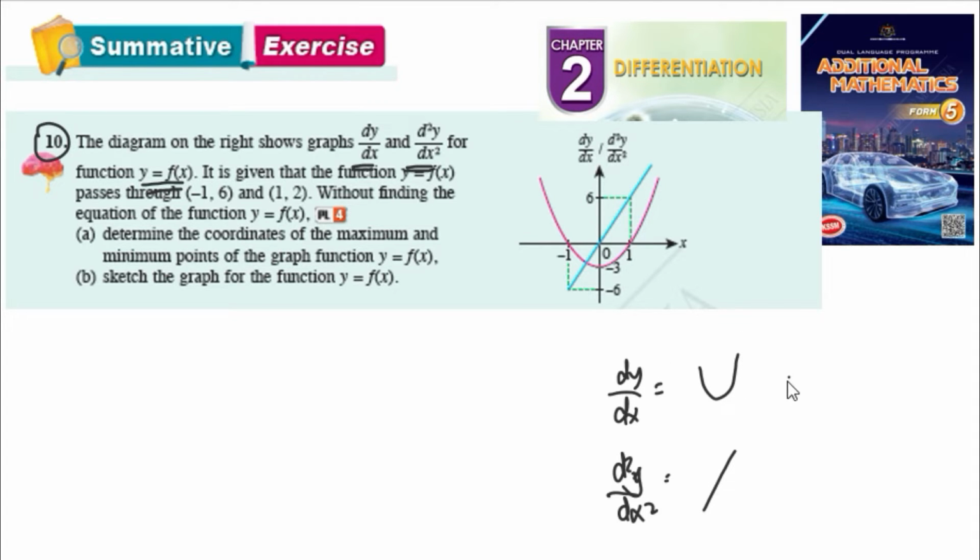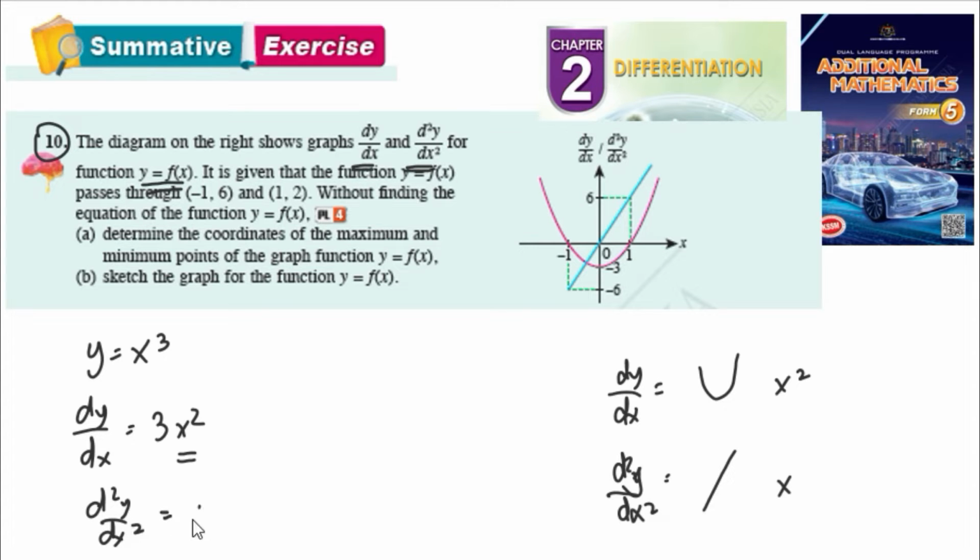Why? Because for a quadratic function we have x square, and for this one we have x. Do you still remember when we do differentiation? When we have y is equal to x cubed, when we differentiate we will get 3x square, right? And then d square y over dx square we get 6x, but I just want to show you how x changes, from power of 3 to power of 2 to power of 1 when you differentiate.